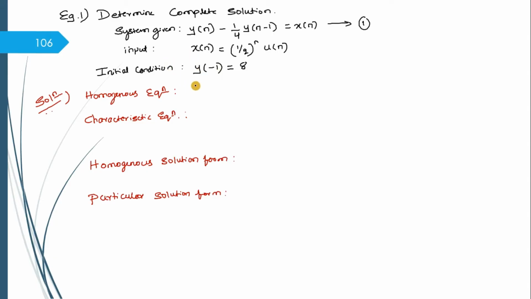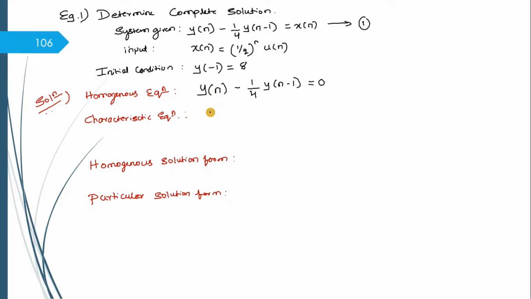Now how should the homogeneous equation be written? Just make the input 0. That will give you the homogeneous equation. Let me do it. y of n minus 1 by 4 y of n minus 1 is equal to 0. This is the homogeneous equation. Now for the characteristic equation, just replace y of n with r raised to k.